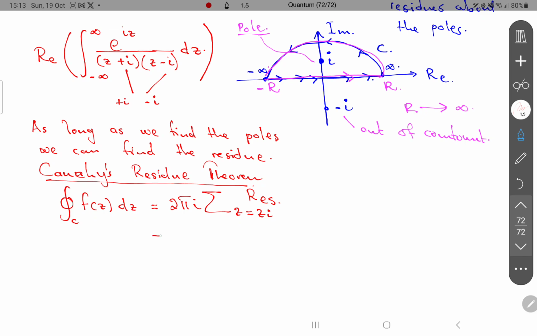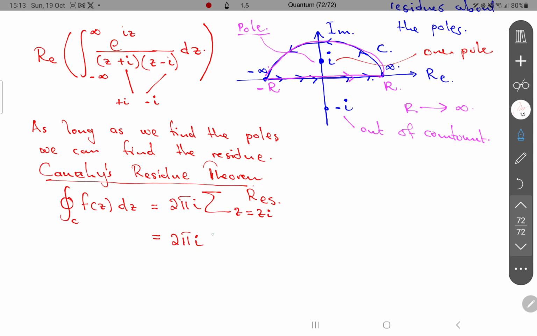It means that my 2 pi i, and I've got one pole. So I cannot sum, I'll just use one pole. So what does that mean? And it's in the positive sector.